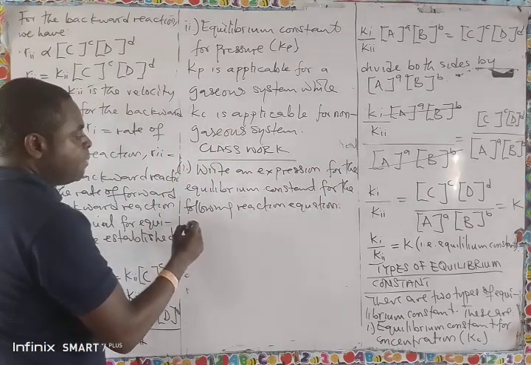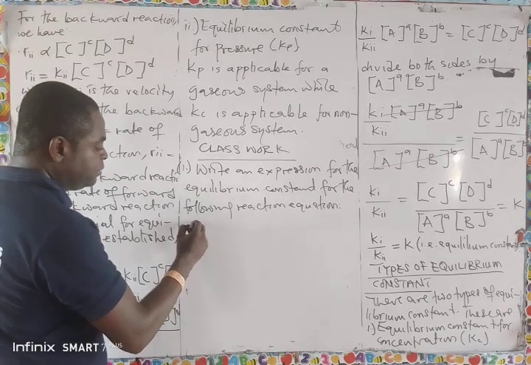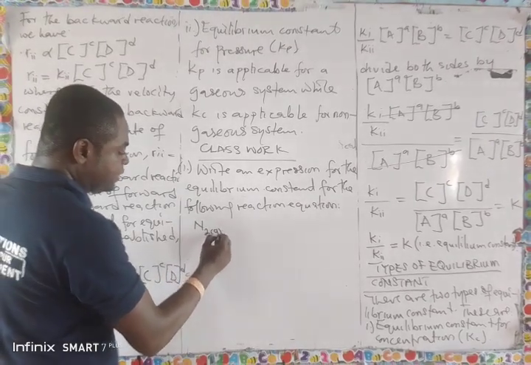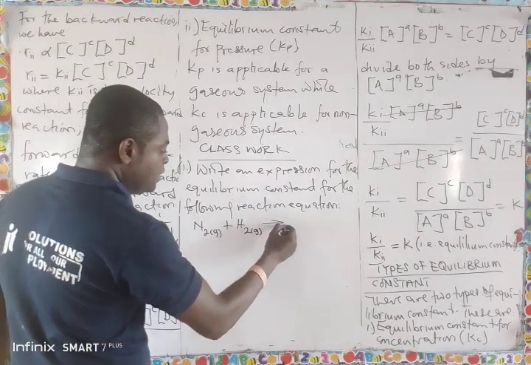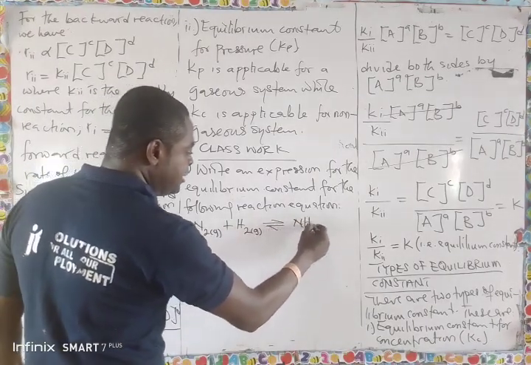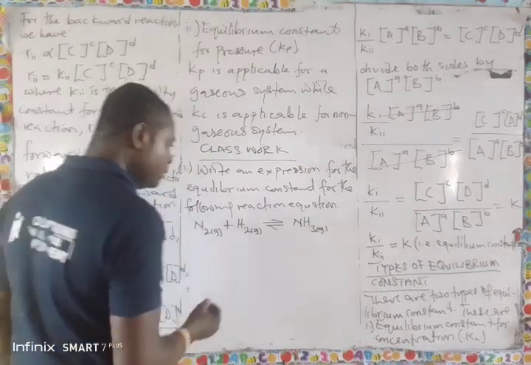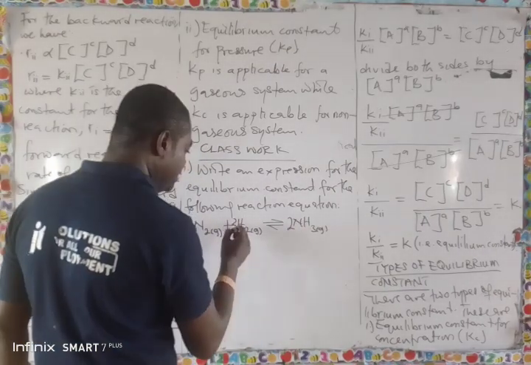What's the equation? Let me use the Haber process. I have N2 gas plus H2 gas equals NH3 gas. So here I have 2, here I have 3.